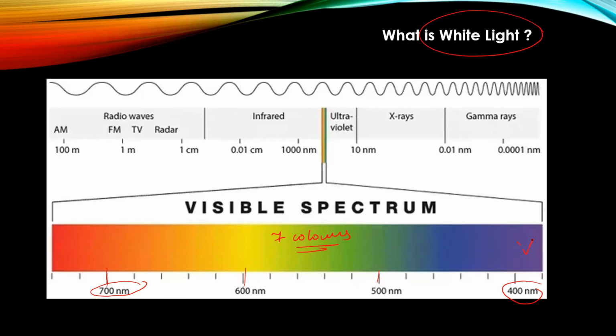It starts with violet, indigo, blue, green, yellow, orange, and red. This is your VIBGYOR, the short form for the 7 different colors which make our visible spectrum.